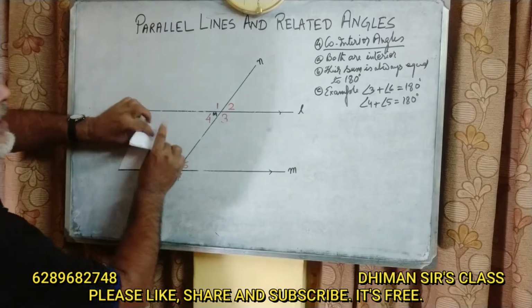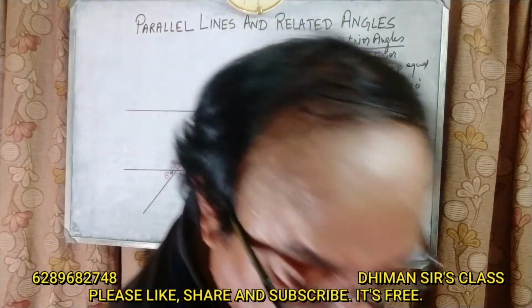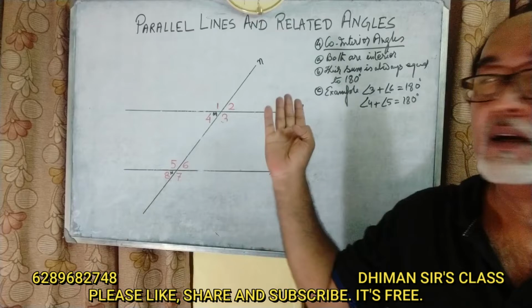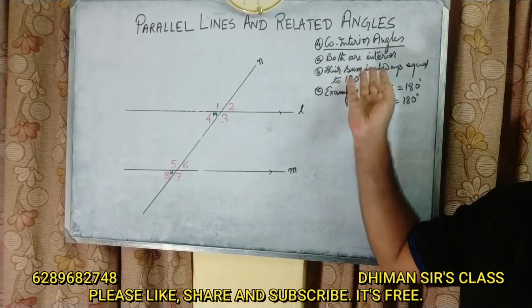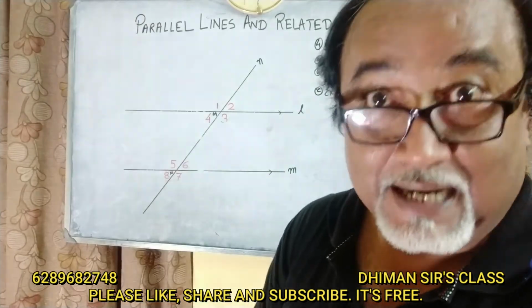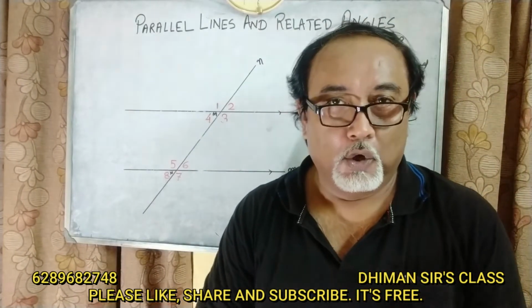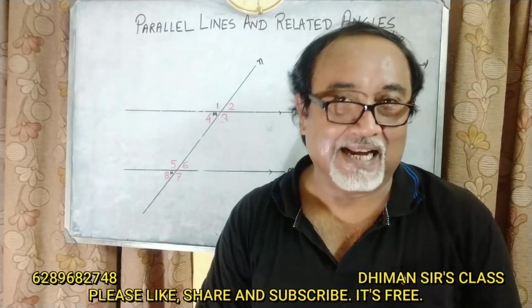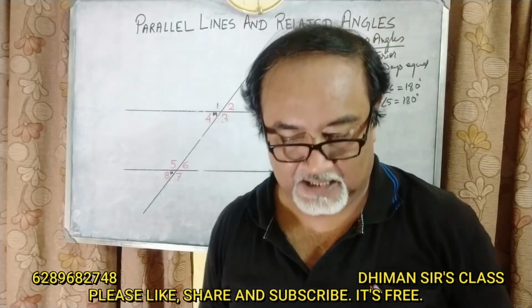Hence proved. Through activity we have understood that the co-interior angles are always supplementary. That means the sum of the pair of co-interior angles is always equal to 180 degree.